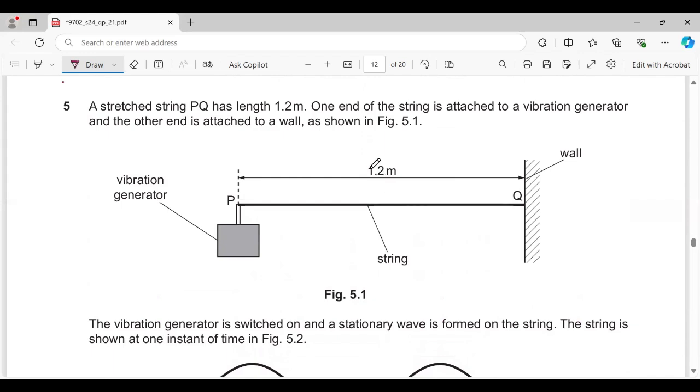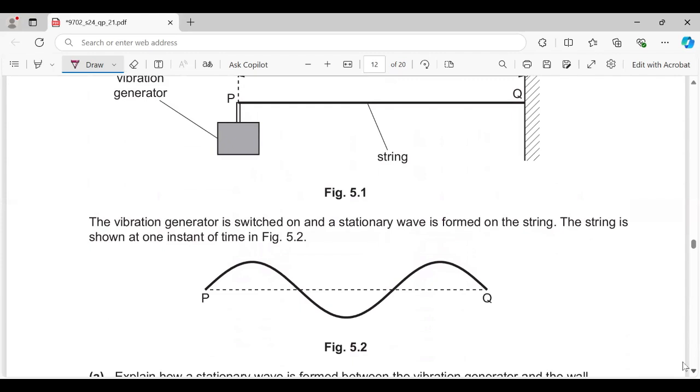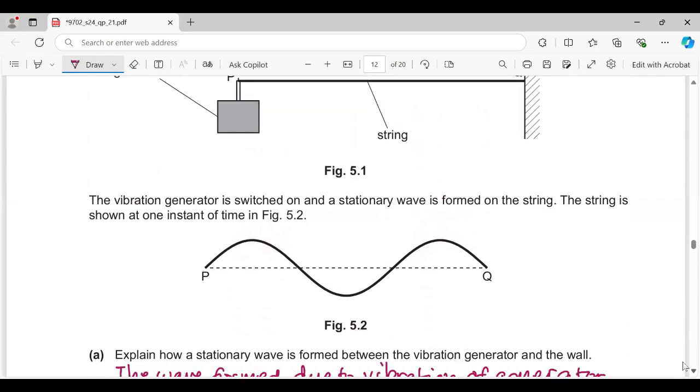The string length is 1.2 meters, and one wave consists of a crest and a trough. Upward is a crest and downward is a trough.